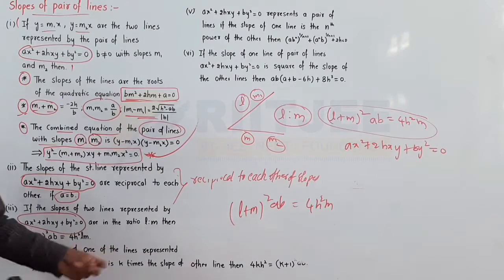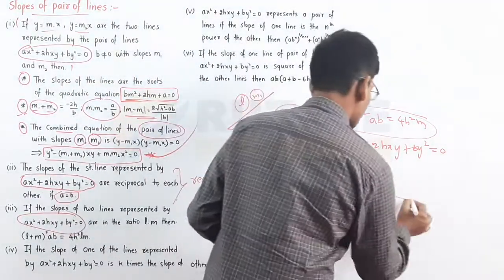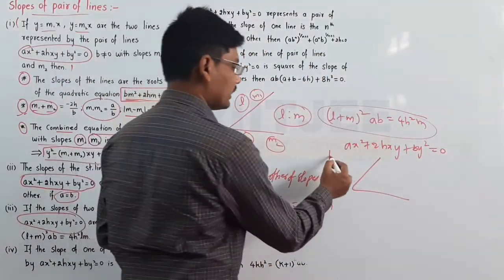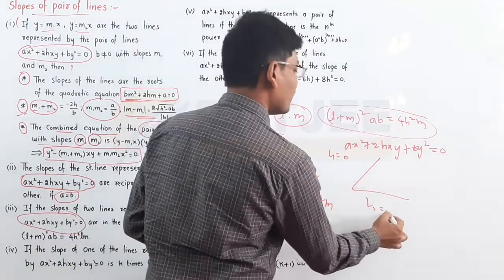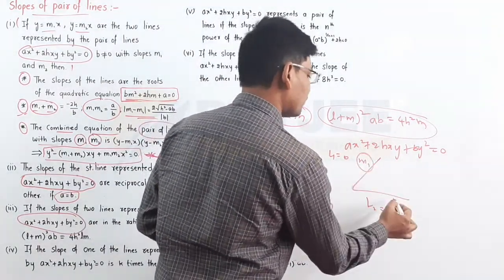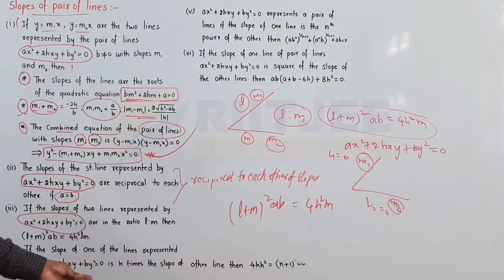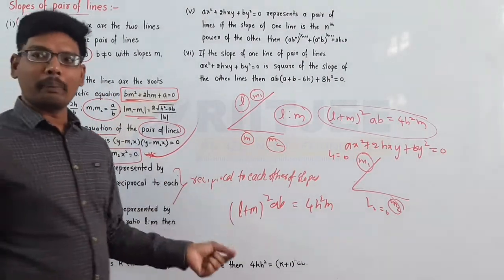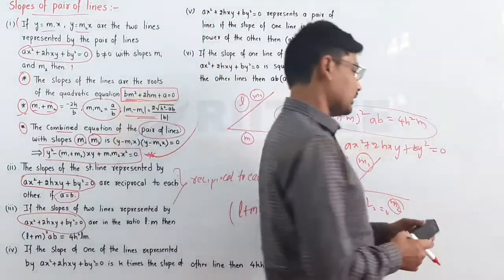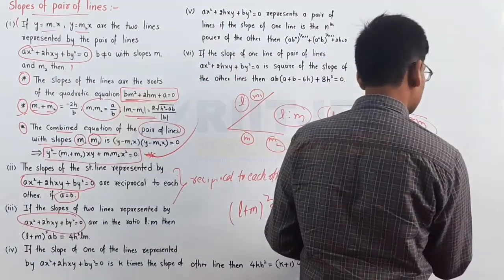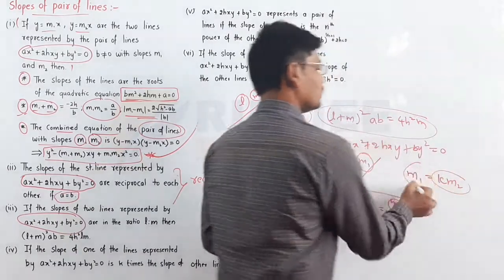For these two lines, the slope of L1 is M1 and the slope of L2 is M2. And these two slopes are such that the first line slope is K times the second line slope.